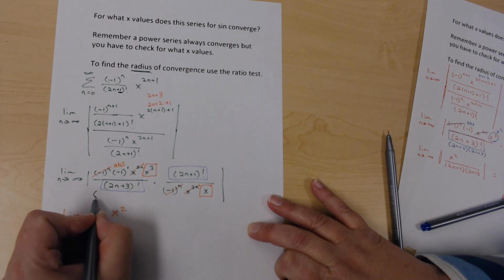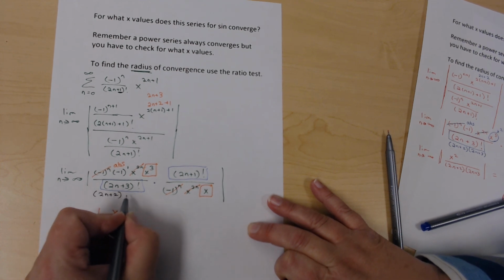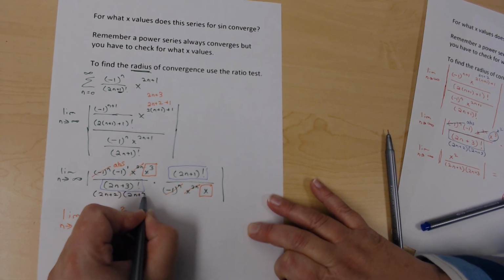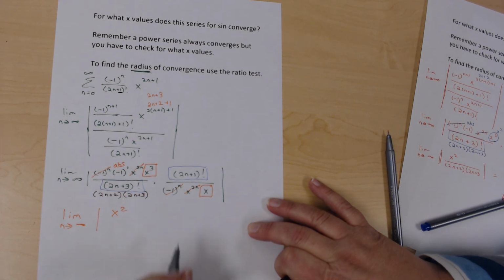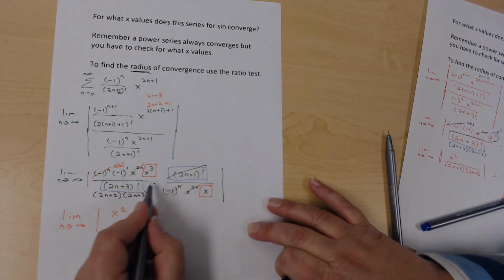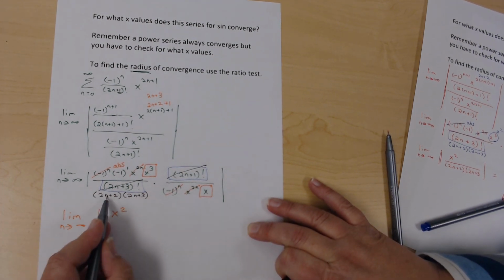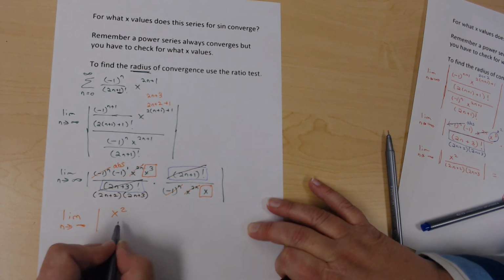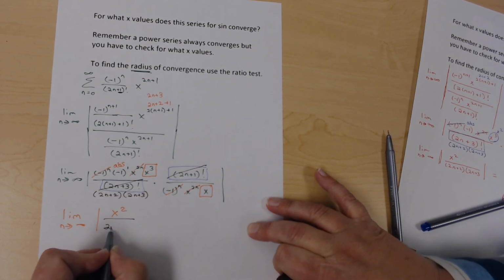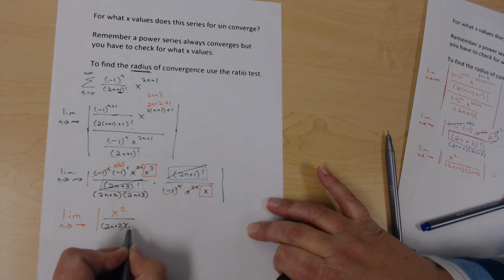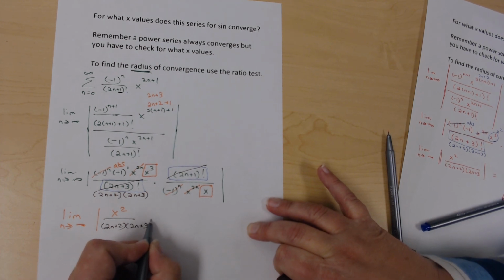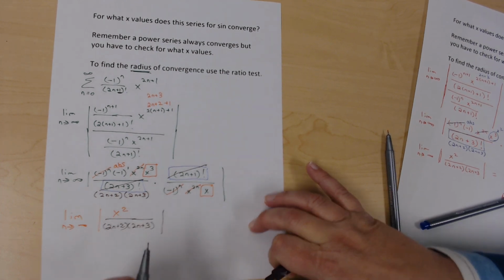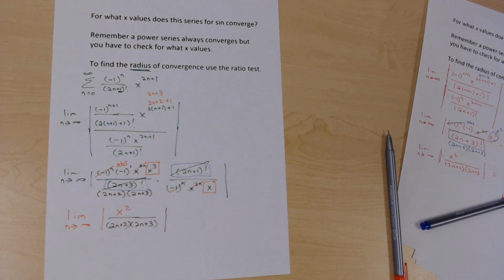So I still have 2n plus 2, and I have 2n plus 3. Okay, so this goes away completely. That cancels with that, except I've got these last 2 terms left. So this is 2n plus 2 and 2n plus 3. Okay, and I think everything else cancels. I think we're in good shape.